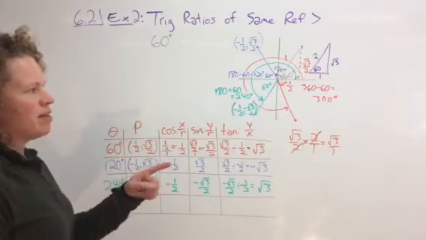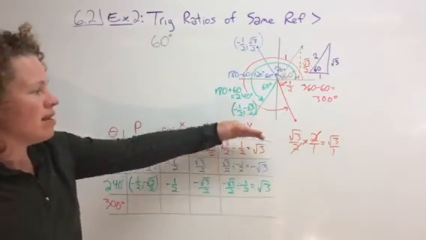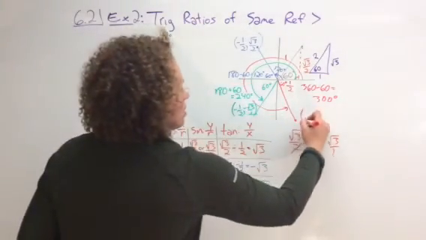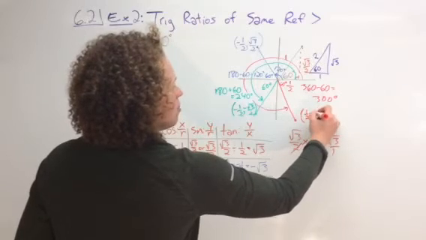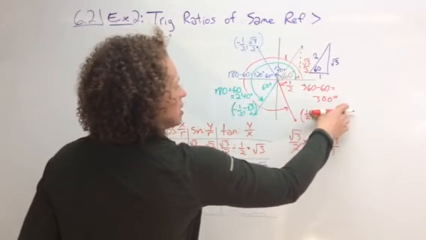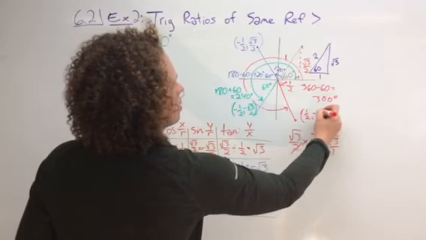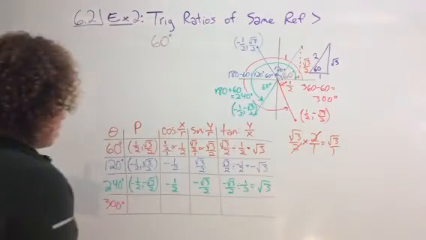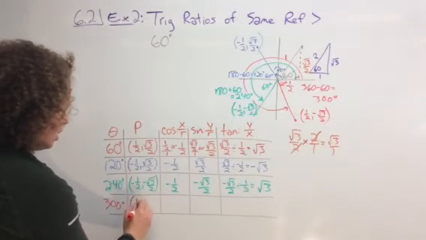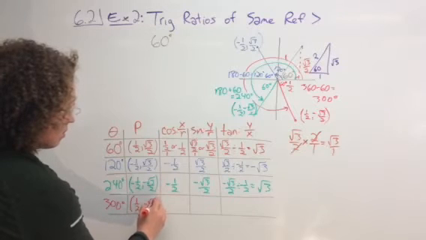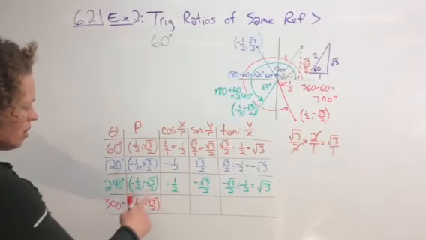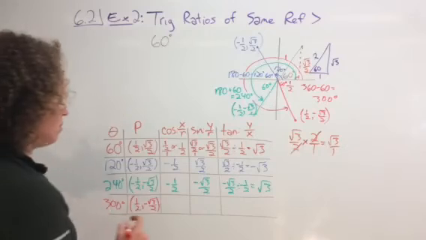And x is positive because it's on that side, but y is negative because it's still below. So I'm going to have 1/2 here, but negative root 3 over 2. Does it matter where I put the negative? Not really, as long as there's one of them.